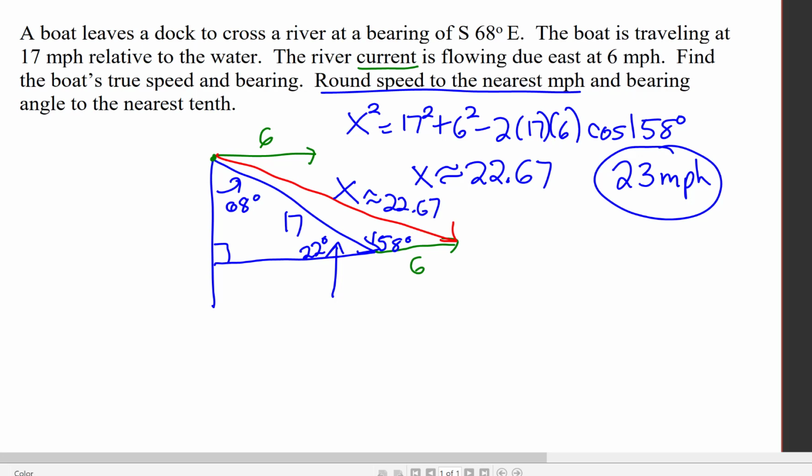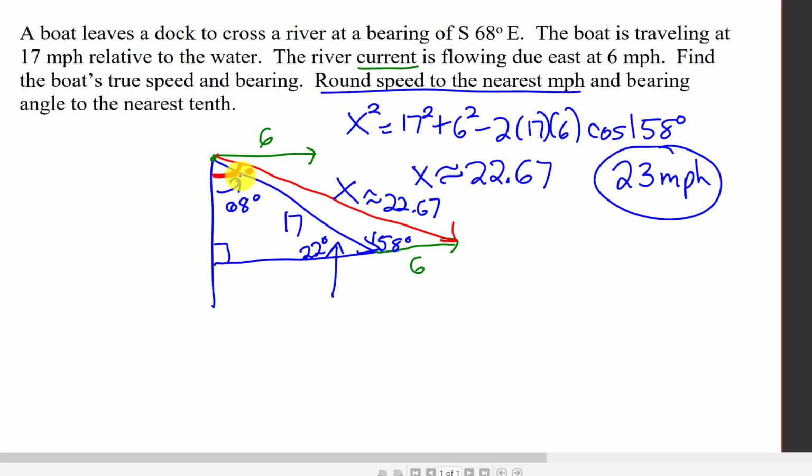As I'm looking at my picture, for the bearing, it would be this angle right here, measured off from south, headed to the east. So if I can find this little angle in the triangle there and add it to 68, I will have the bearing angle. It'll be south by that bearing angle going to the east.